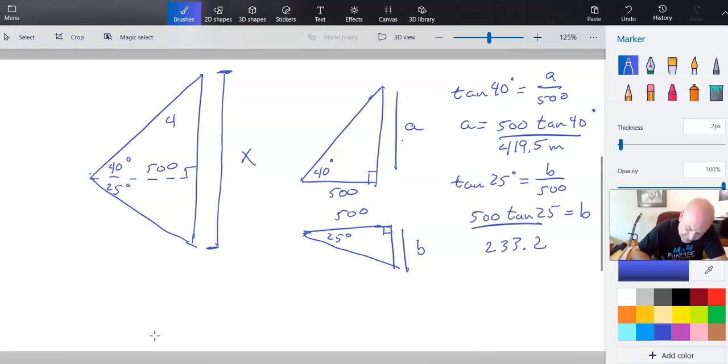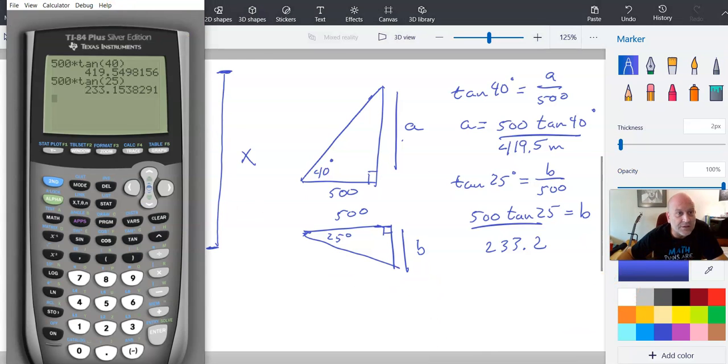So this is 419.5, and this piece is 233.2. And if I add those together, let's see. See if I can do this without blocking the screen. Well, it's going to block the screen.